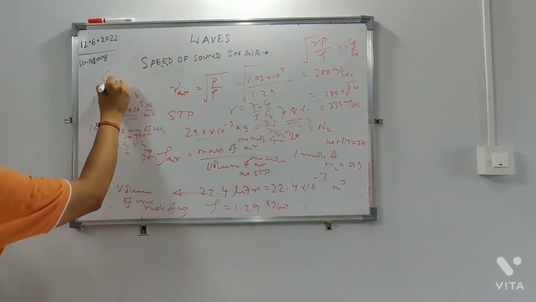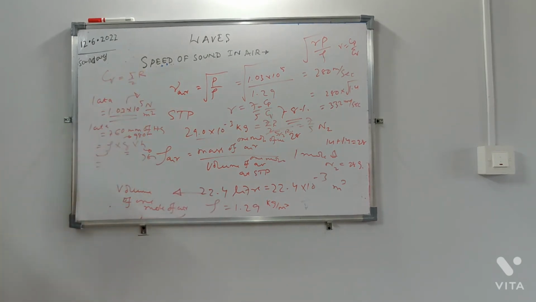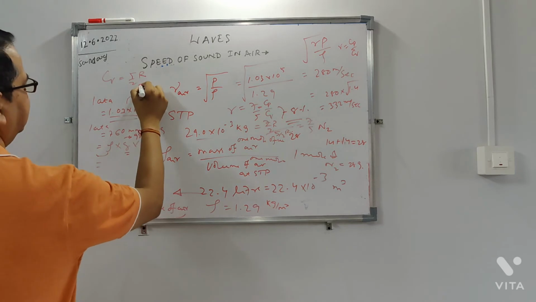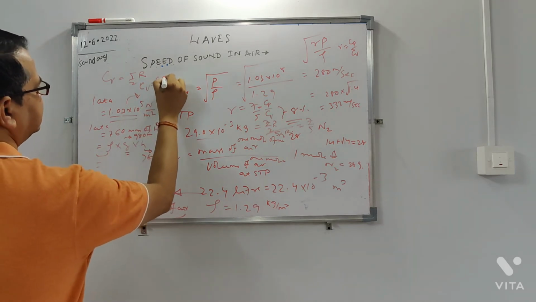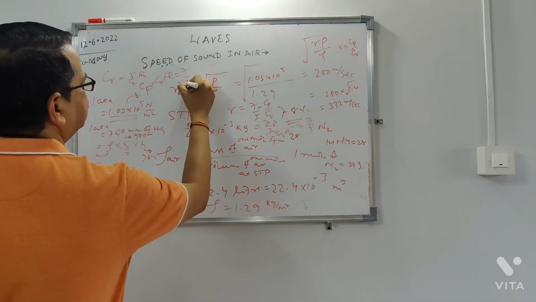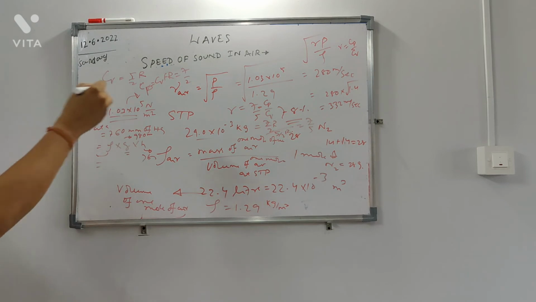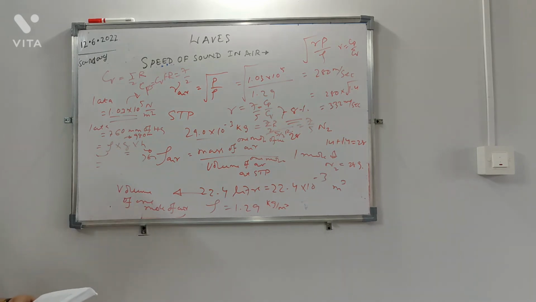You can derive Cv first, which is 5 by 2 R for diatomic, then Cp is equal to Cv plus R. So the velocity of sound is not square root of P by rho, but square root of gamma P by rho. That's the velocity of sound.